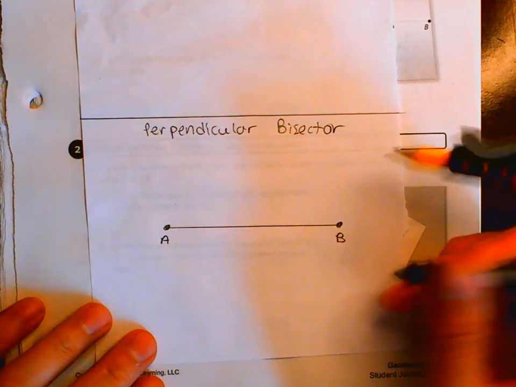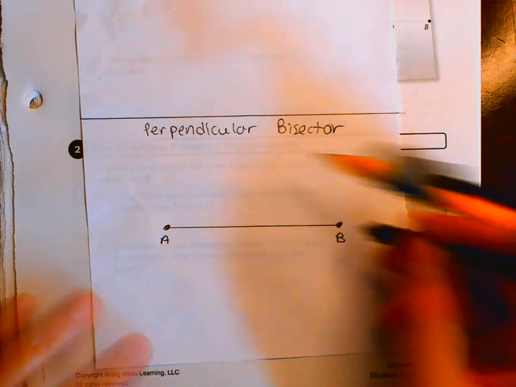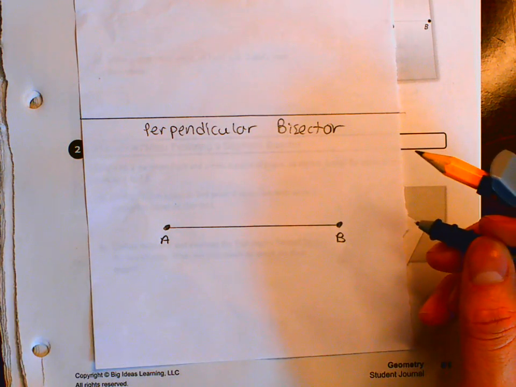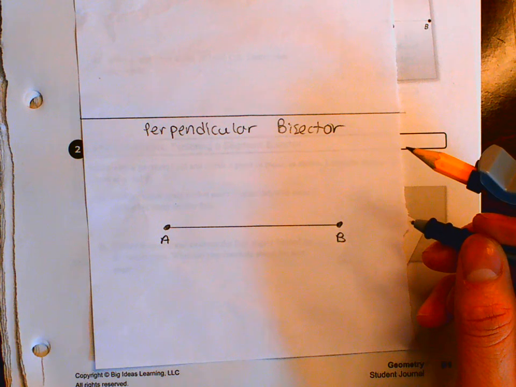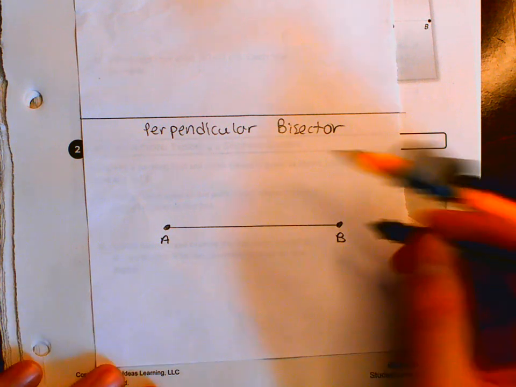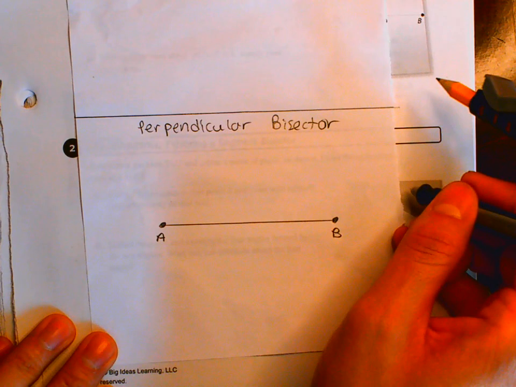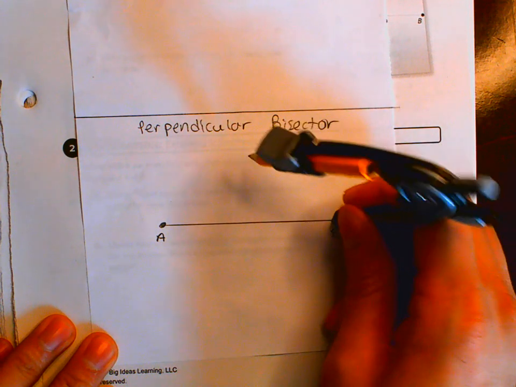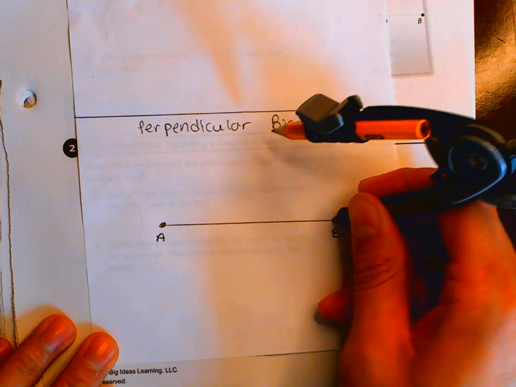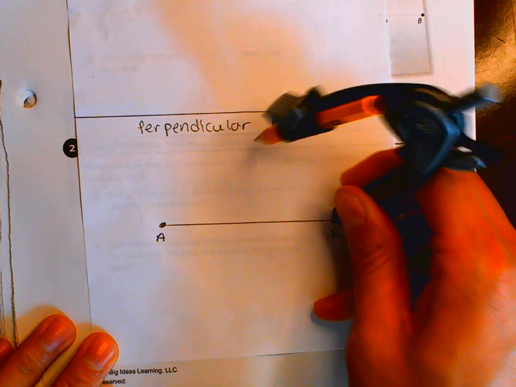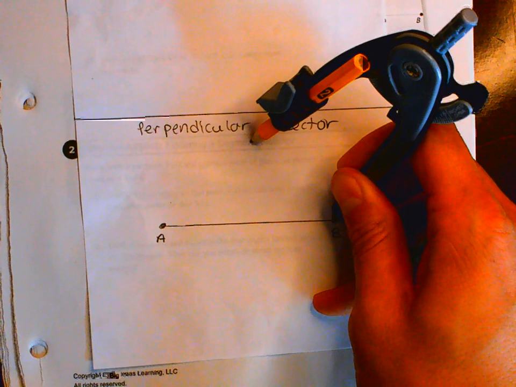So what you're going to do is draw an arc from both A and from B. Make sure you're seated and that your paper is on a flat surface, because you're going to need to turn this around. So from B, I'm going to draw an arc that is a little bit less than a half circle, like this.